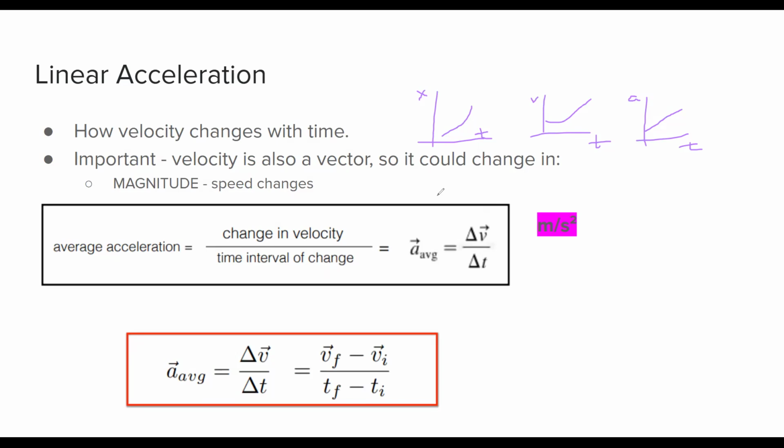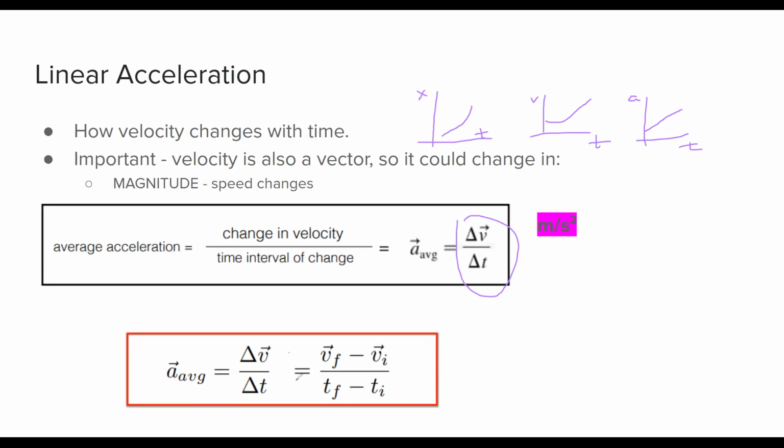So that means that this is going to be velocity, change in velocity over change in time. And since the change in velocity is change in displacement over change in time, that would of course mean that the acceleration is change in displacement over time, all over time, which is why it's meters per second squared as the unit.